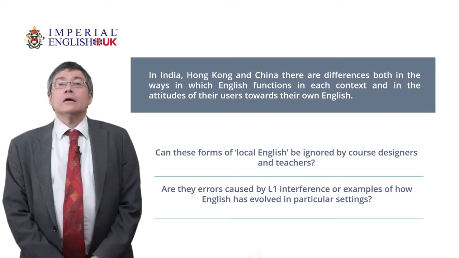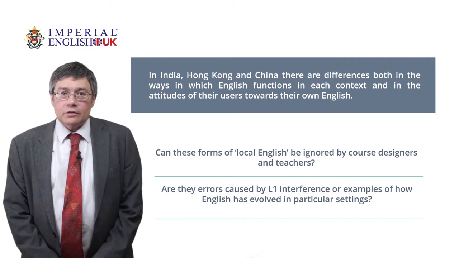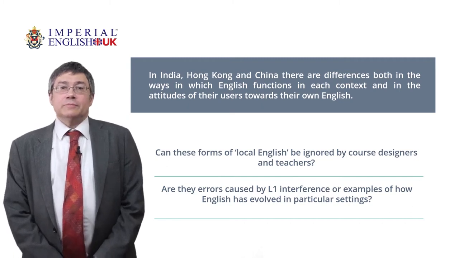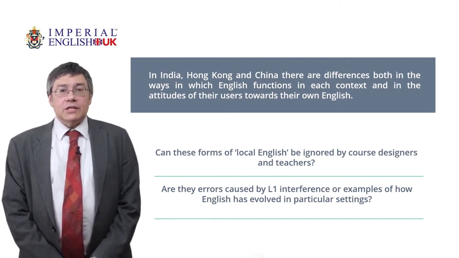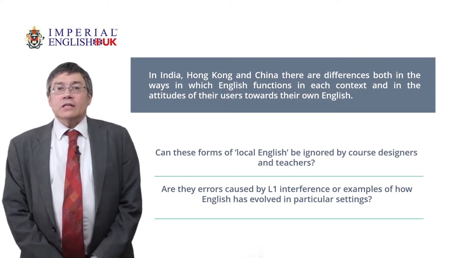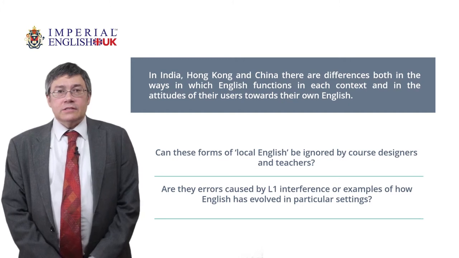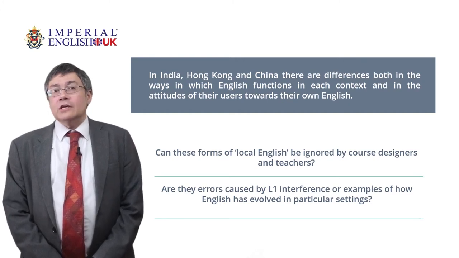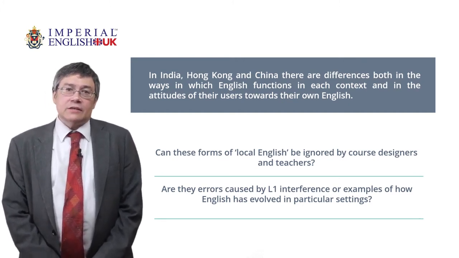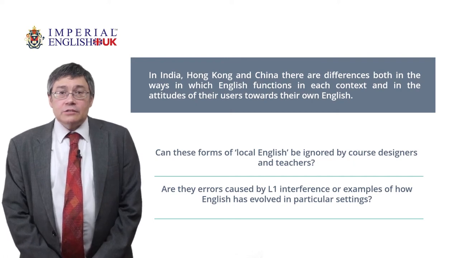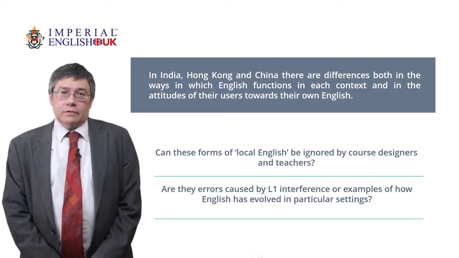A large part of Jenkins' work looks at the history of the expansion and use of the English language around the world. And in many parts of the world, like the African continent, India and the surrounding countries, as well as Singapore and Malaysia, this was a result of colonialism.